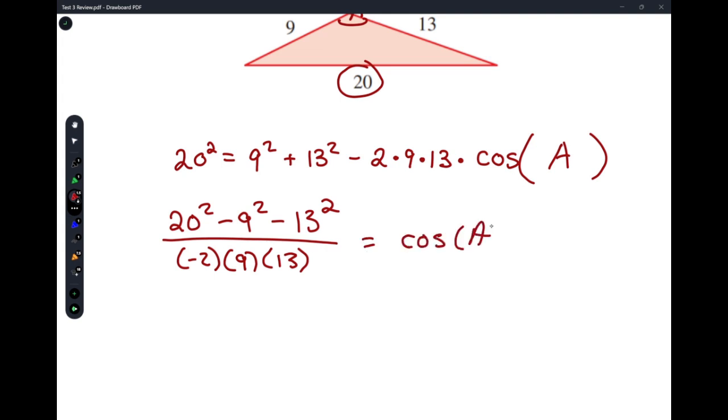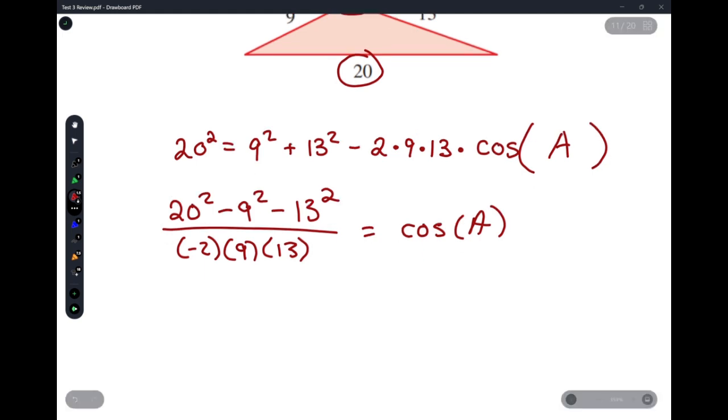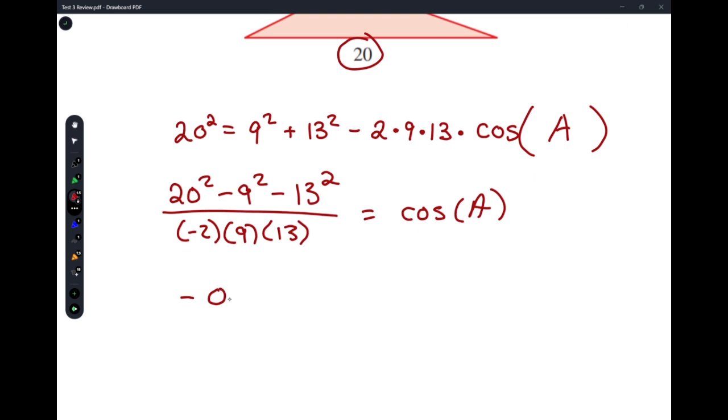And then I'll do arc cosine on the next level. 20 times 20 minus 9 times 9 minus 13 times 13 equals. Anybody get 150? Divided by negative 2, divided by 9, divided by 13. And I got negative 0.64 for my cosine of A, capital A.